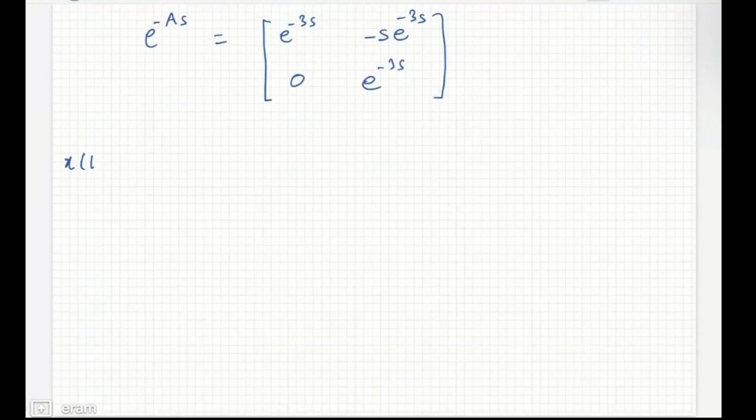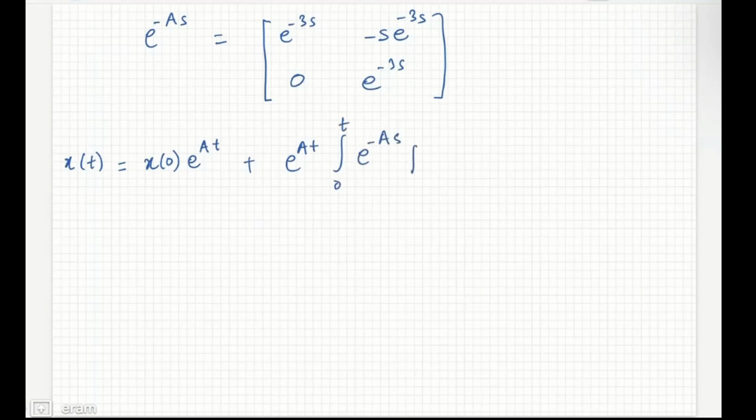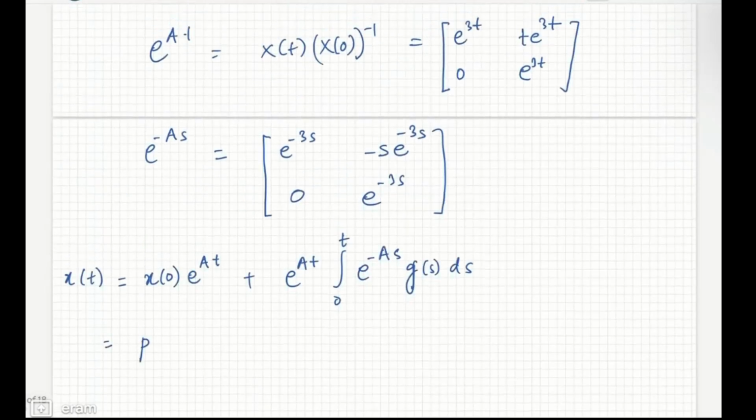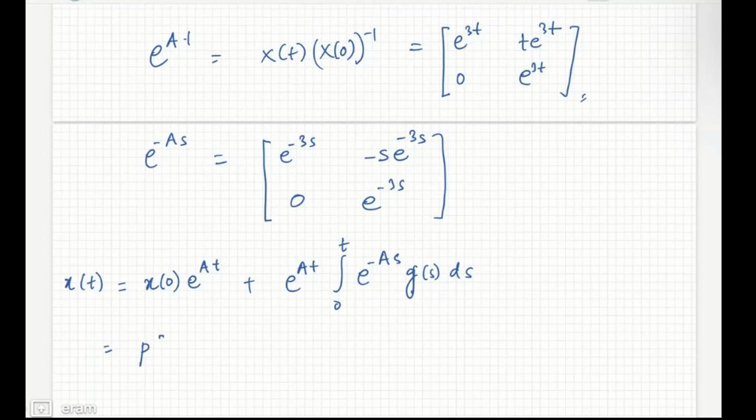So it is x(t). First let's write the generalized solution for this type of differential equation: e to the power At x(0) plus the integral of e to the power minus As g(s) ds. Okay, so x(0) was given as a constant p, and e to the power At we have calculated: e to the power 3t, t e to the power 3t, 0, e to the power 3t.